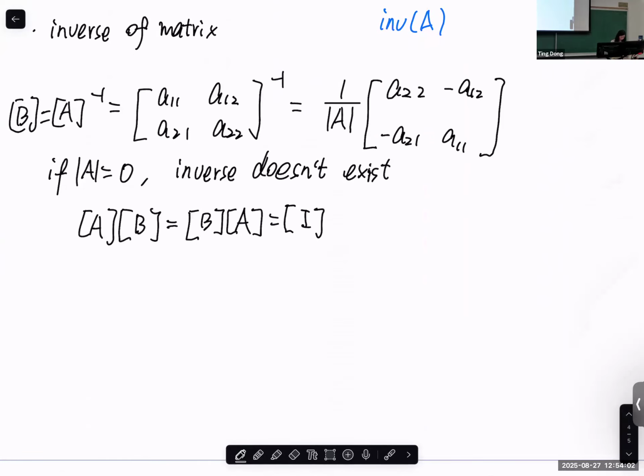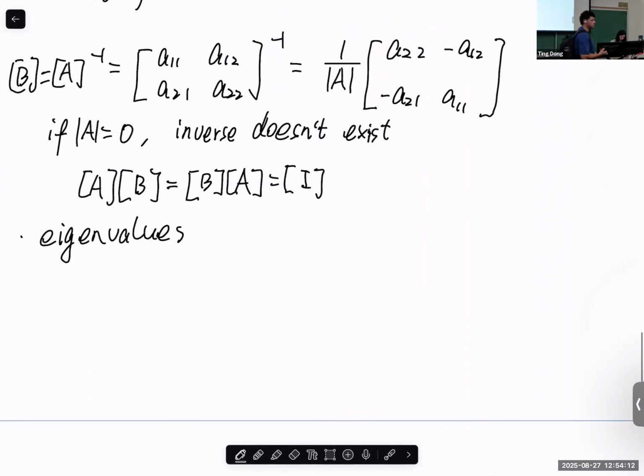And the next one is eigenvalues. Basically, let's say we have a matrix A times an unknown vector we need to calculate, equal to lambda times this vector. So this is the definition of the eigenvalue.